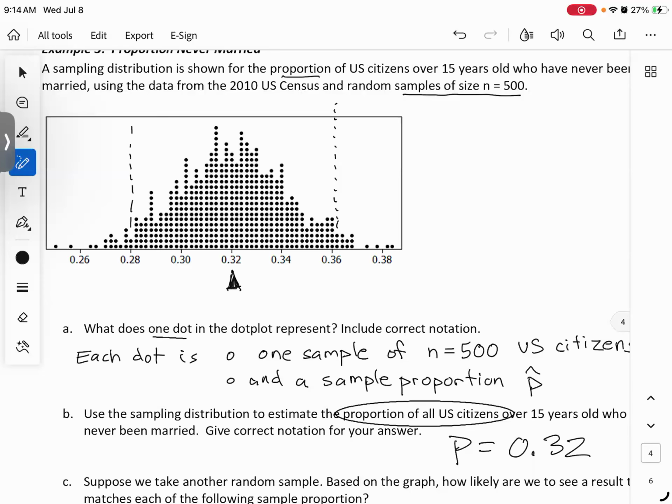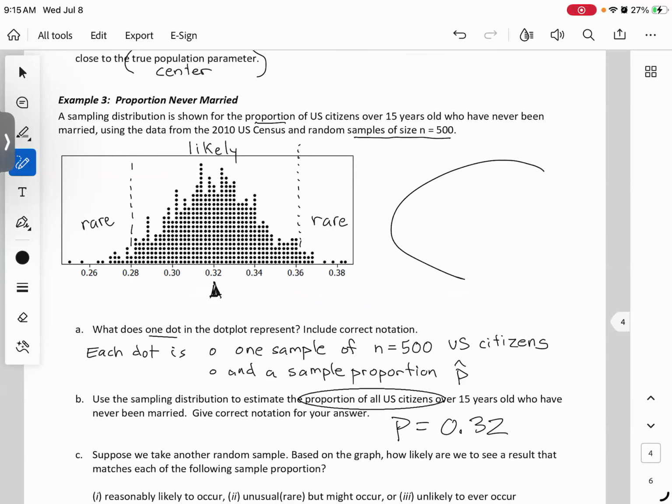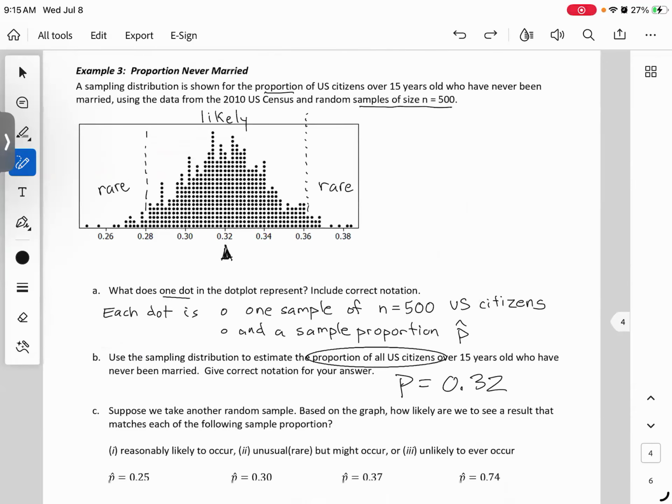We're going to slice this so that anything in the middle that seems to happen a lot more often, we'll categorize as more likely to happen. But anything on the tails that seems rare or less frequent might happen, but it's not something you would bet on. Then anything way out here is very unlikely, not going to happen.